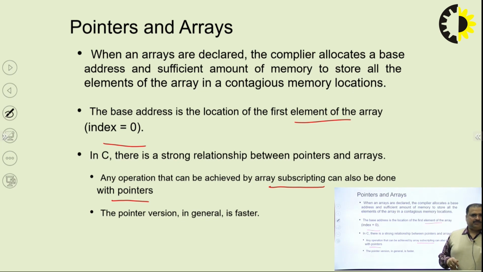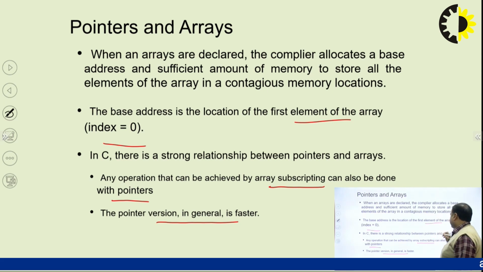As we have learned in pointer arithmetic, if we add, we will move to the next element after 4 bytes, like in case of integer, after 4 bytes the next integer will be there. So, we can reach the next element using pointer arithmetic also. The pointer version is in general faster than the subscripting method.